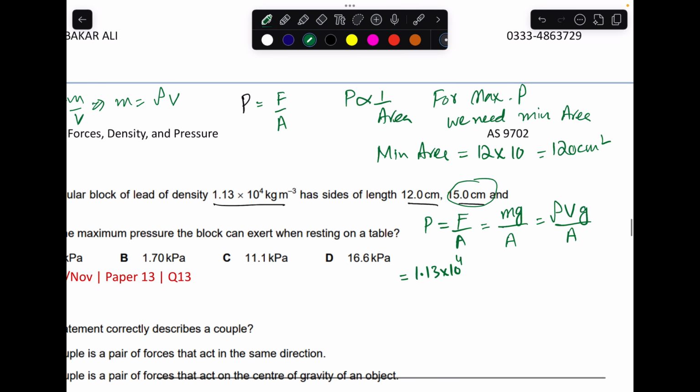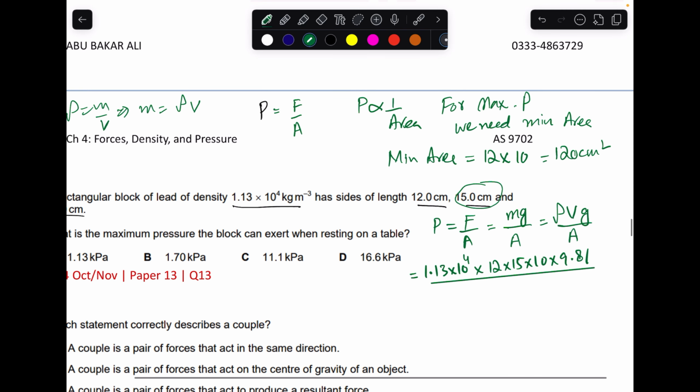For the volume you have to multiply 12 with 15 with 10, with g 9.81, and for area you multiply 12 and 10.